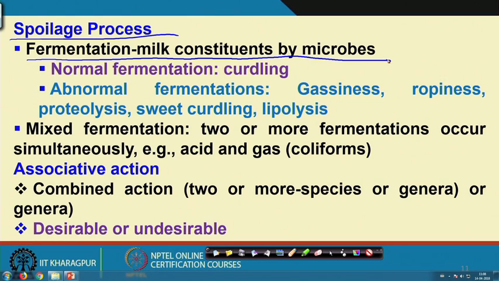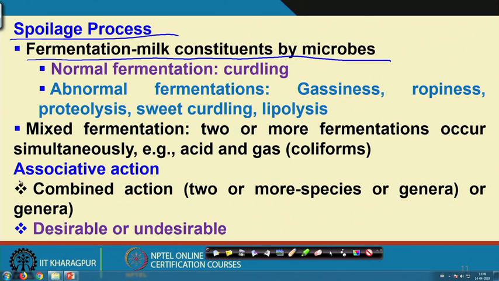So, coliform bacteria are responsible for doing both, that is it is producing some gases as well as some acid, right. So, both acid and gases are being produced by coliform, right.